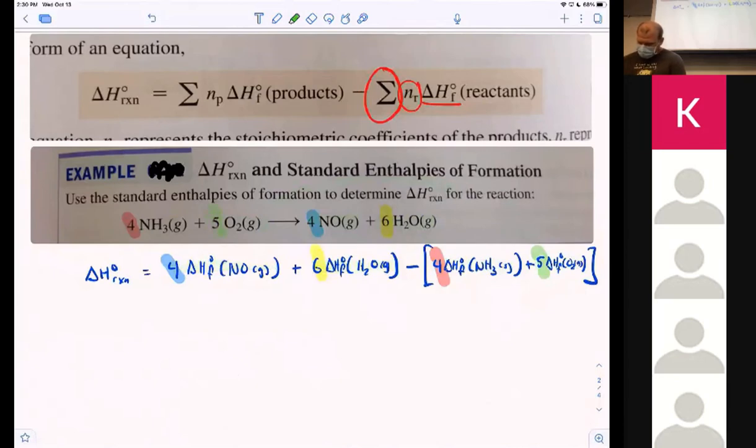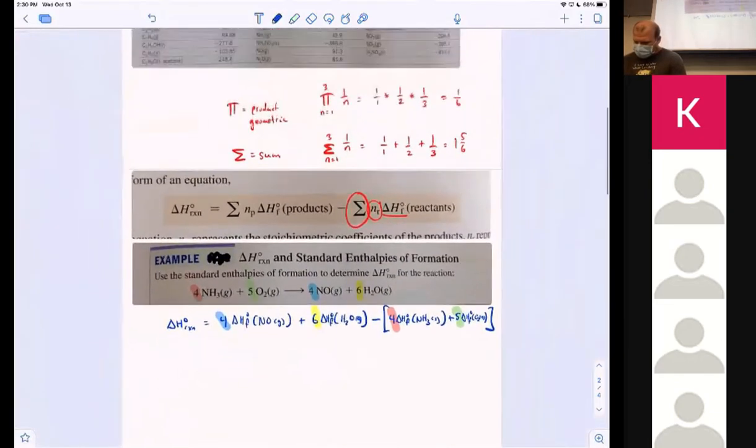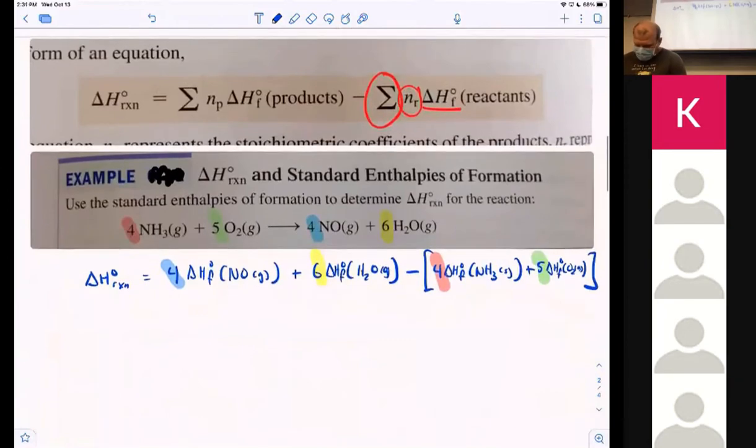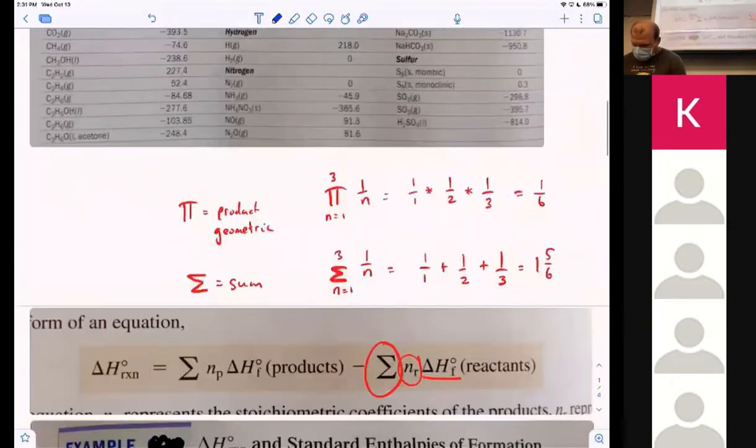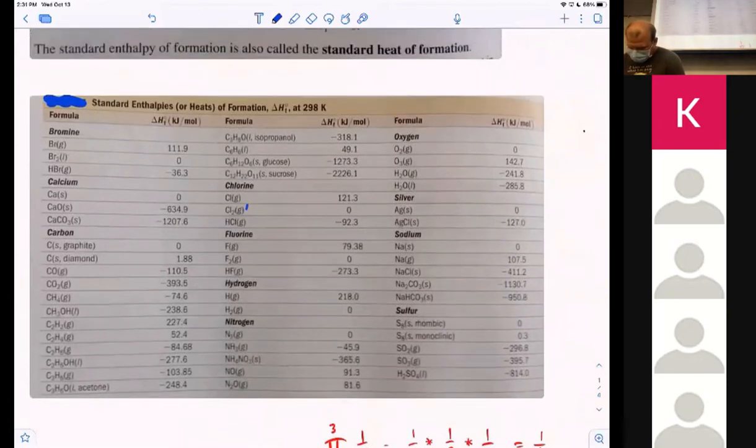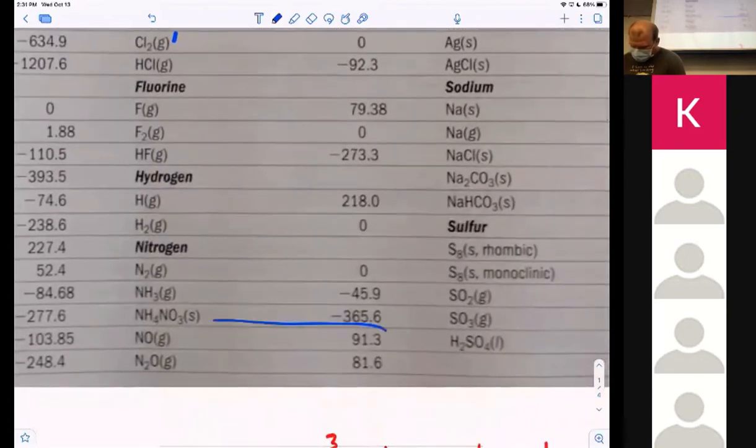Oh, but I wanted that one. Okay. So now the next step, you have to look it up from the chart. So you go to your handy dandy chart. So 4 of NO. So where is nitrogen? NO gas is right here, 91.3.